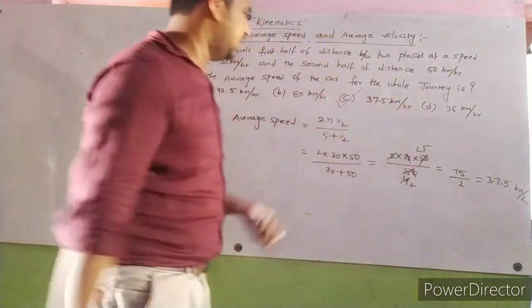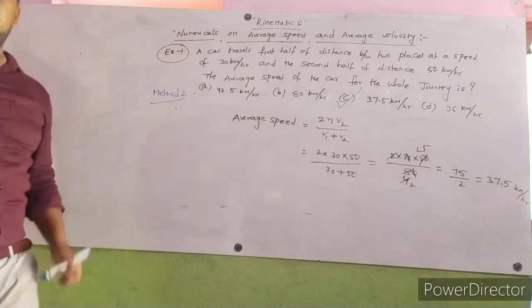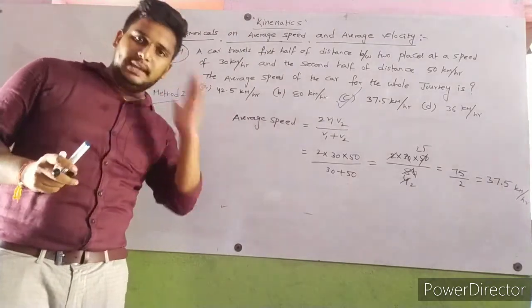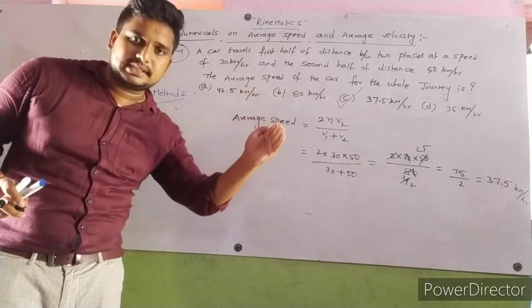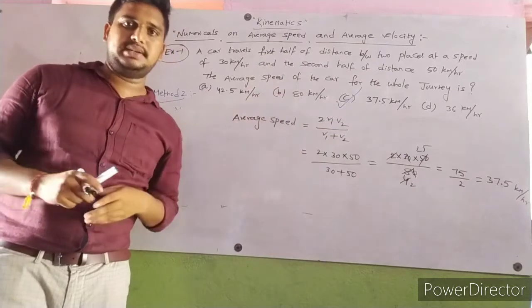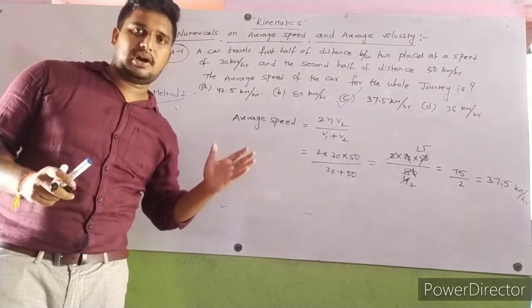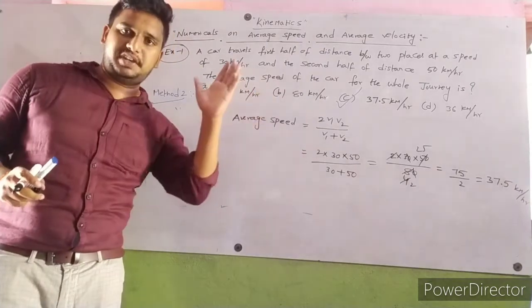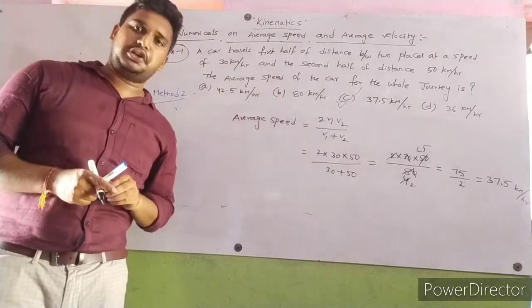Like this we apply a simple formula. If any problem says half of the distance is covered in V1 velocity and another half in V2 velocity, and asks for the average speed, then average speed is equal to 2V1V2 by V1 plus V2.